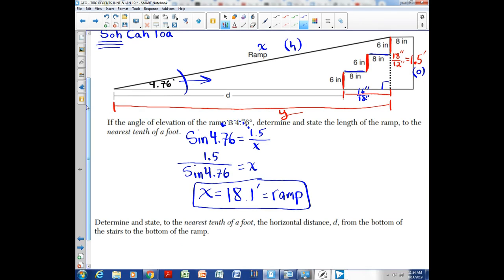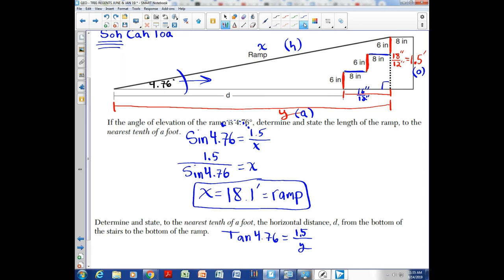Right, here we go. Okay, so in this case, I'm still going to use that O side, which is that 1.5, but in this case, I'm going to be looking for y, which is going to be my adjacent side. So this is going to be an O and an A problem, which is a tan. So I'm going to write down here the tan of 4.76 is equal to 1.5 over my y.